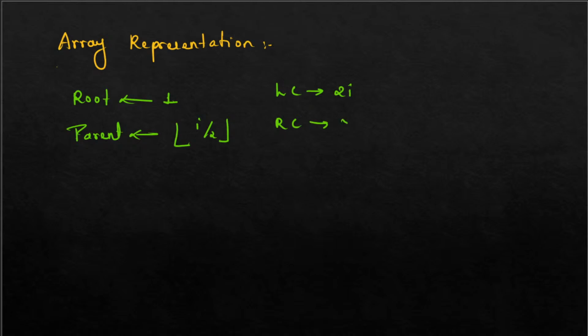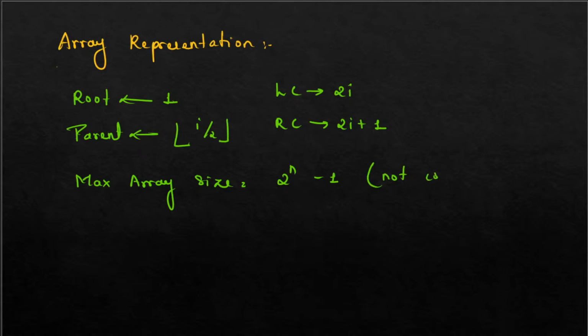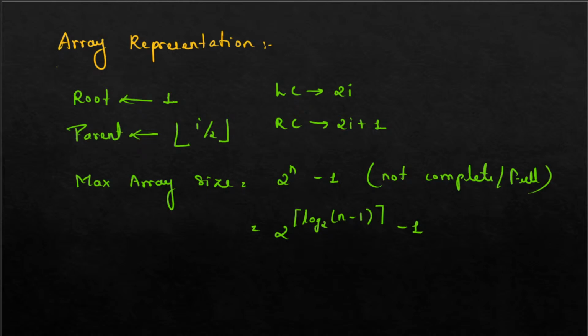Right child will be 2i plus 1. Okay. Max array size, which is 2 to the power n minus 1. So this is not complete, or we can say as full. Okay. And this is 2 to the power ceiling of log base 2 of n, minus 1, like this. So this is full, or we can say that this is complete.